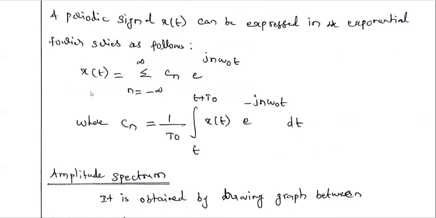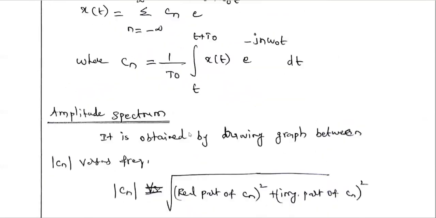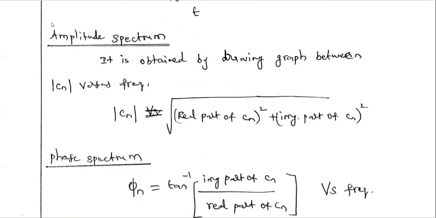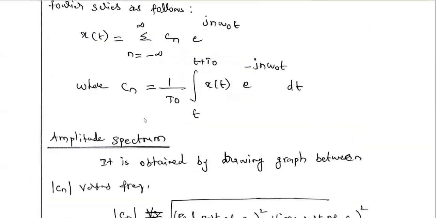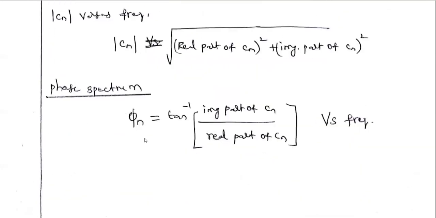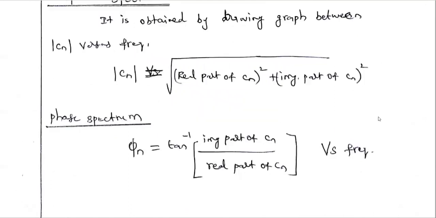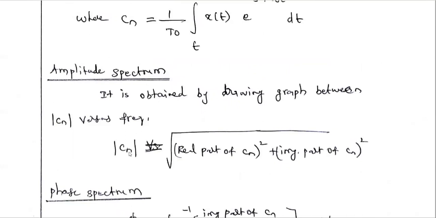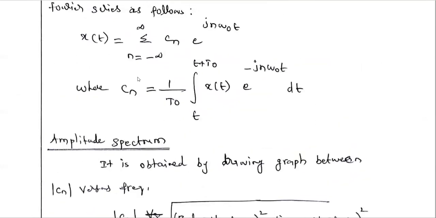From this exponential Fourier series, if we want to draw the spectrum, the amplitude spectrum is nothing but the modulus of Cn versus frequency, and the phase spectrum is the phase angle phi versus frequency. The Cn answer may come as a complex quantity, real plus imaginary.